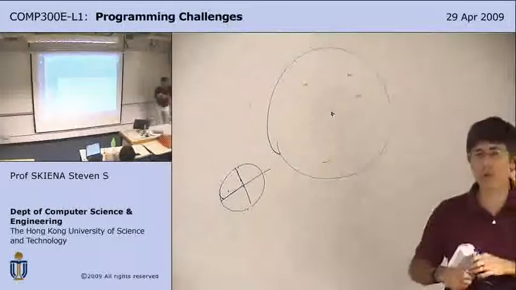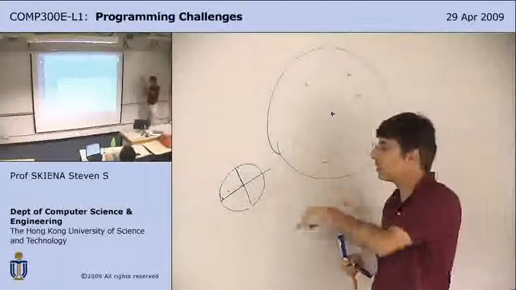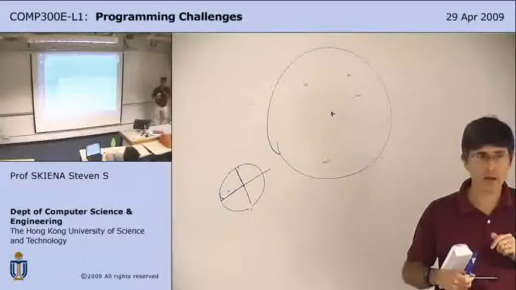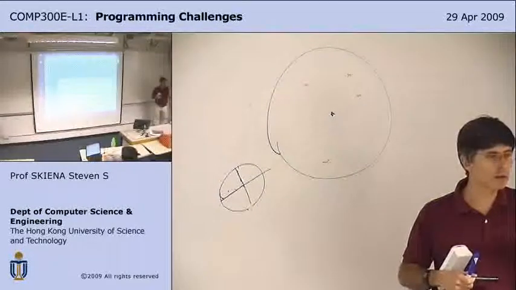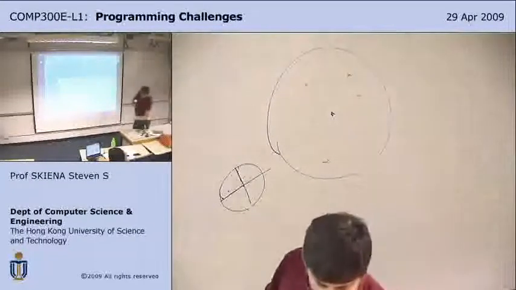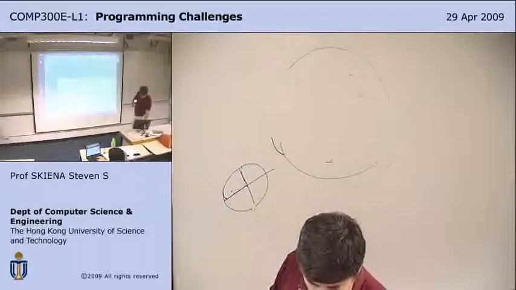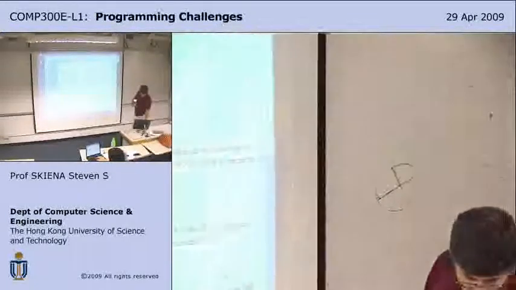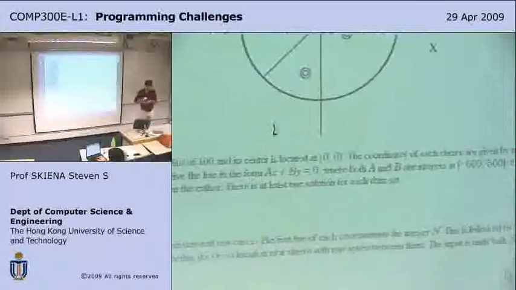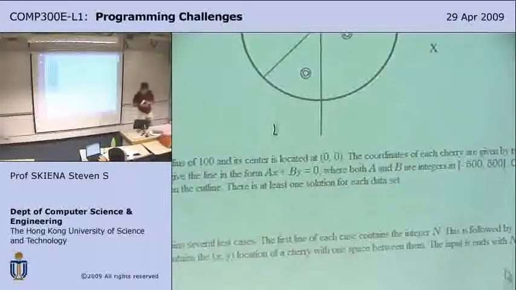What in this rule do we do about ties? When does a cherry go on the line that goes through? What happens to the cherry? What does the problem say about that? It says you're not allowed to cut on a cherry. Okay, cherries are not allowed to lie on the cut line.